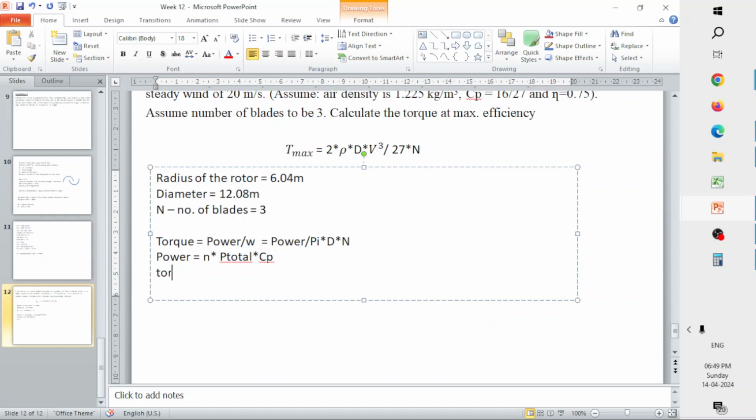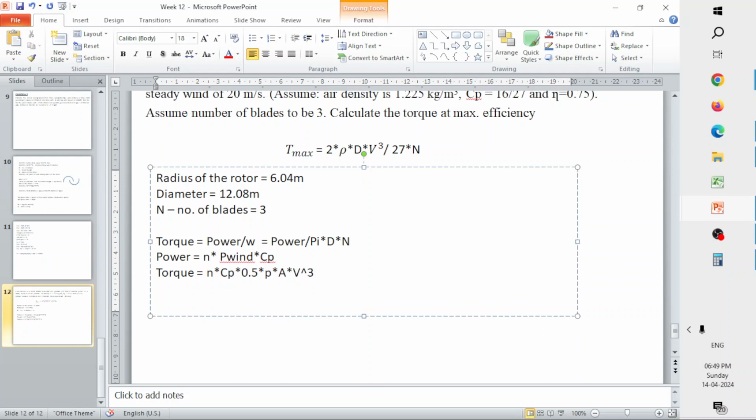So torque will be equal to eta times Cp times P total, that is the power available in the wind. Let me write this as P wind. P wind is 0.5 times rho times A times V cube. Since this is at maximum efficiency, we know that at theoretical maximum efficiency the value of Cp will be 16 by 27, right?